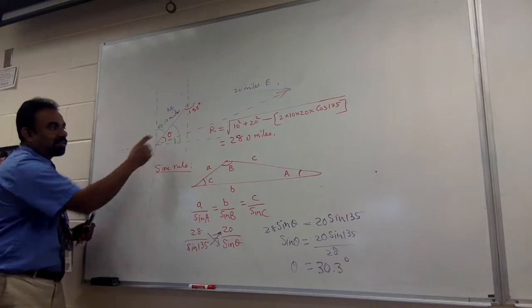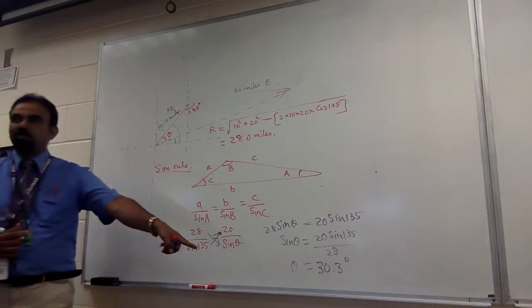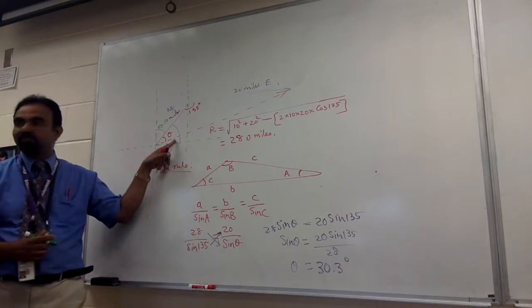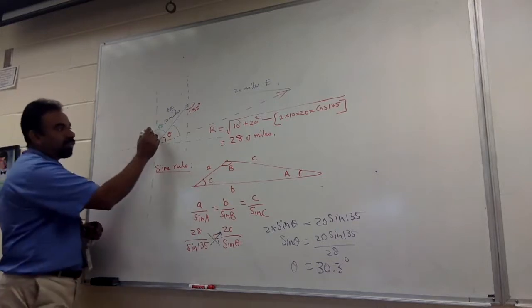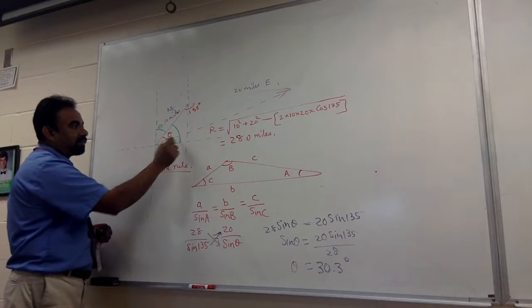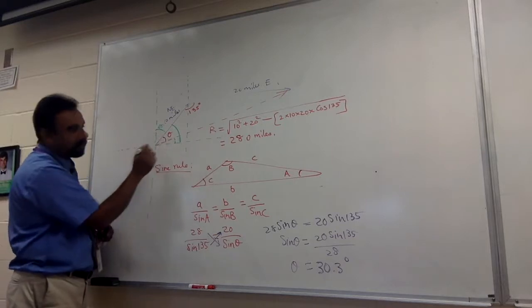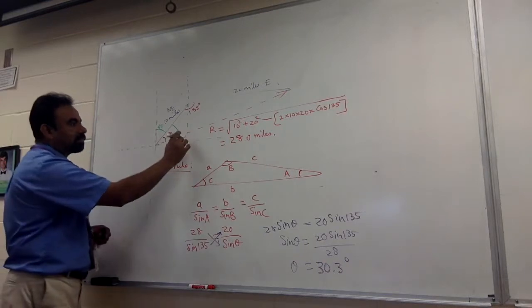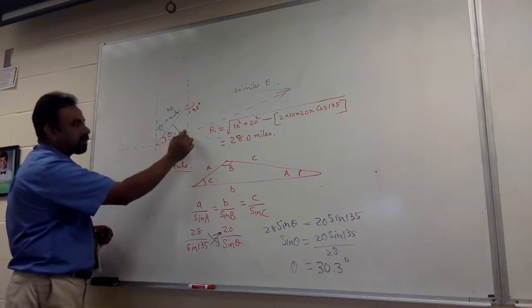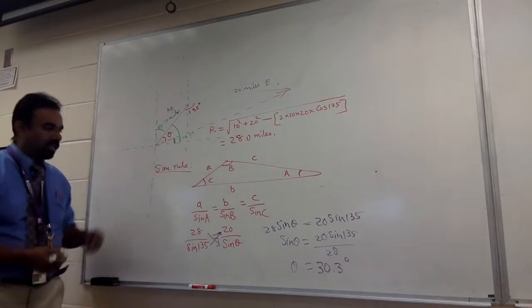And what is that angle? 30.3. So what is this angle? Subtract. Okay? This is 45, you know this is 30.3. And so what is this angle here? 14.7 degrees. Now you can express.